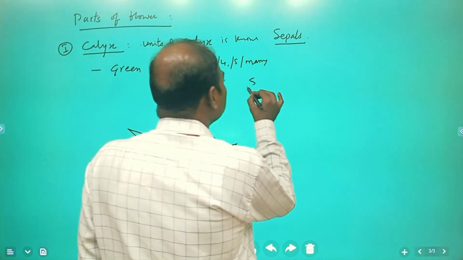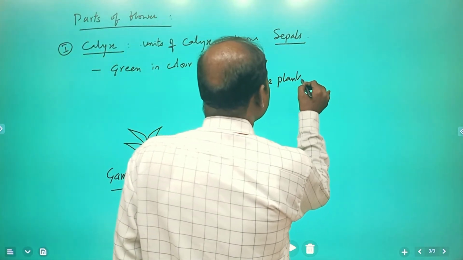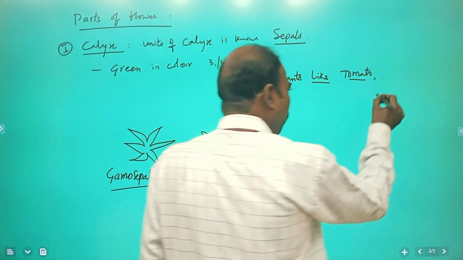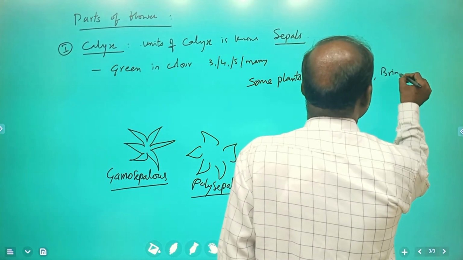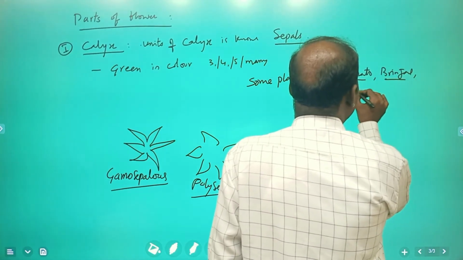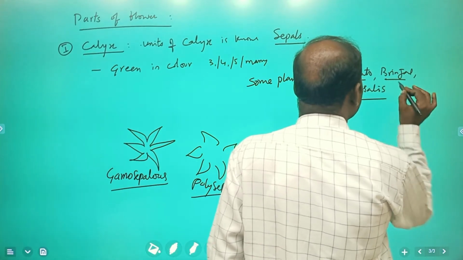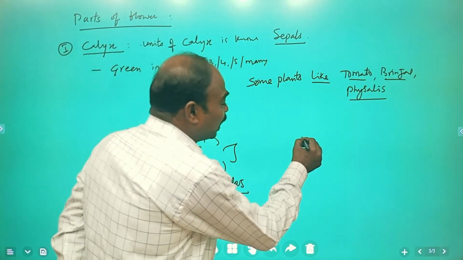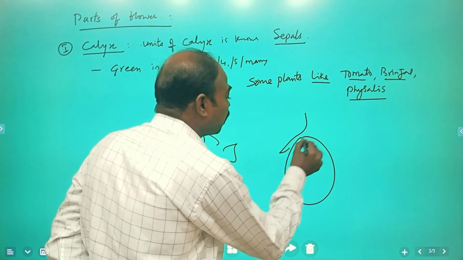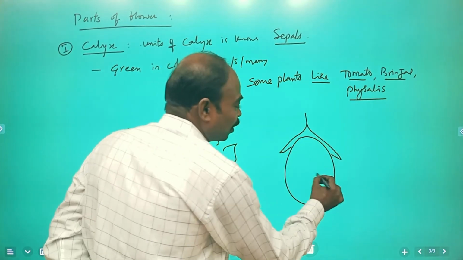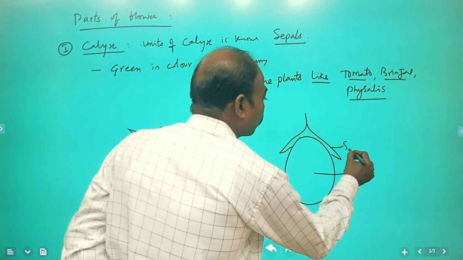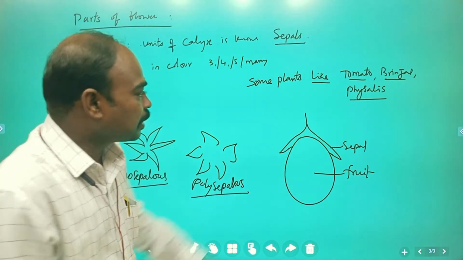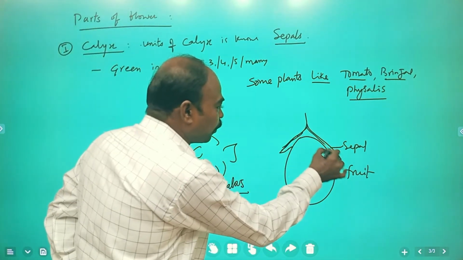But in some plants like tomato, brinjal, physalis, chilies, after fertilization also the sepals are attached with the fruit, green sepals.